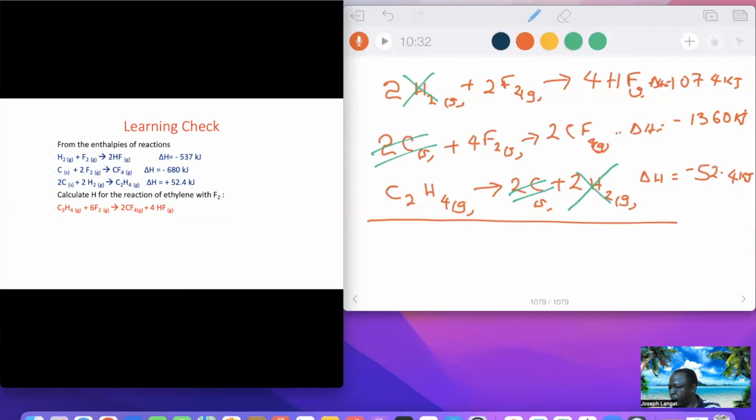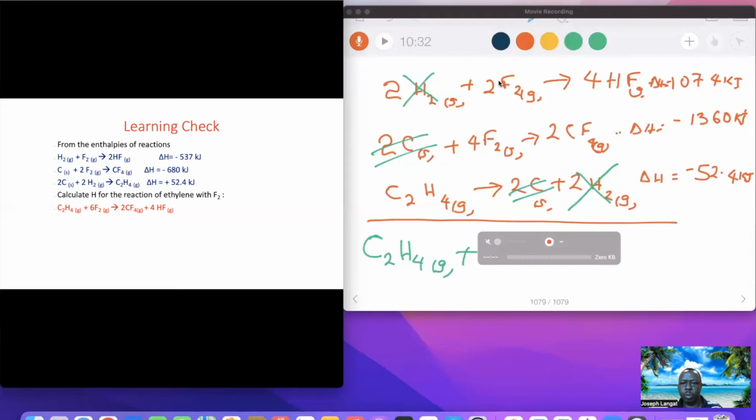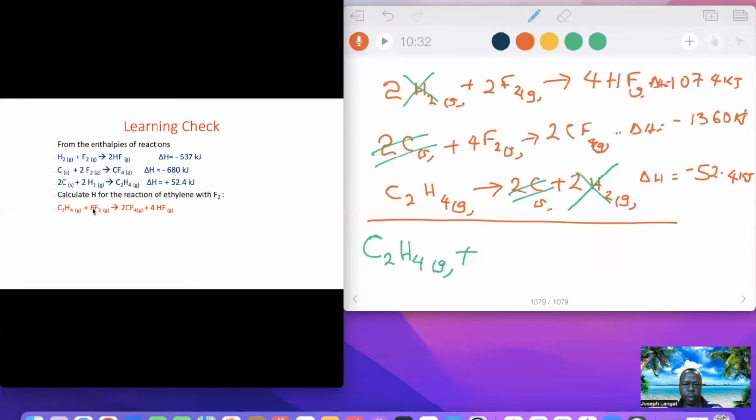All right, so if I add that, it's going to be C2H4 gas plus 2 plus 4 is 6. That's where we have 6 of F2.